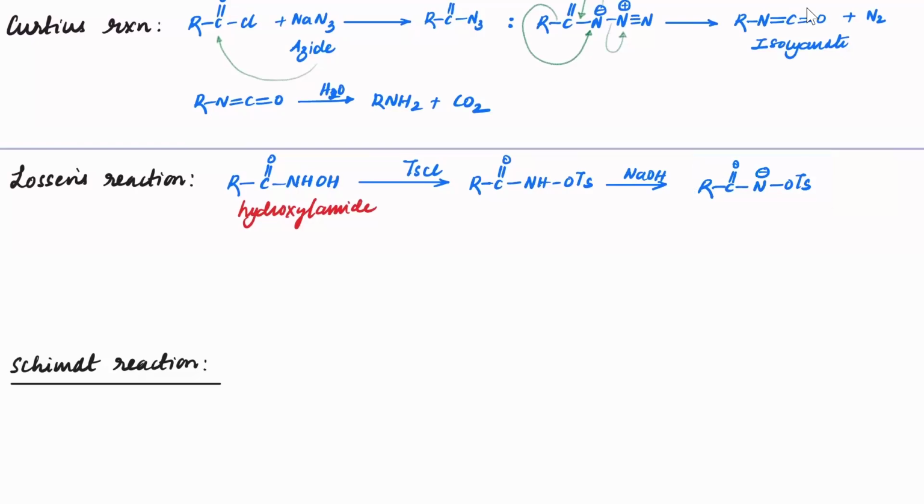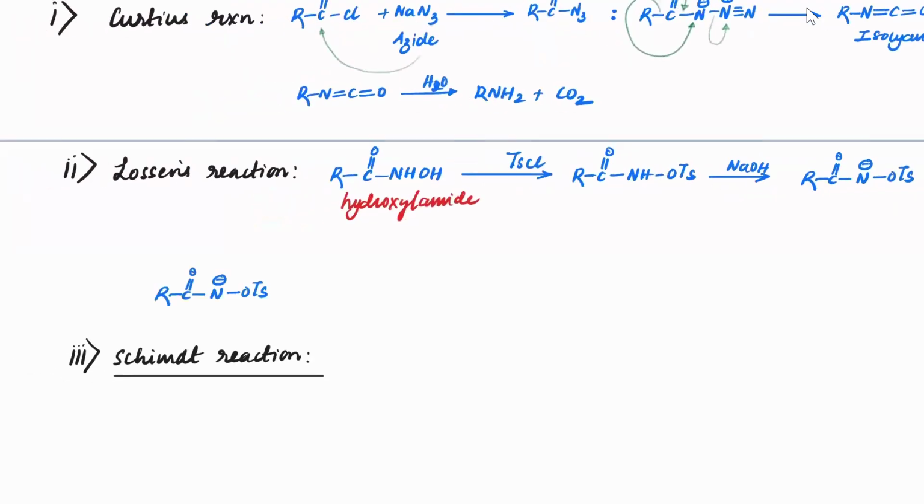So I can use this point here, that Wolff rearrangement can happen here. OTs can leave. R minus can attack here. This negative charge can close into a double bond. And that converts into R N double bond C double bond O, which is isocyanate.